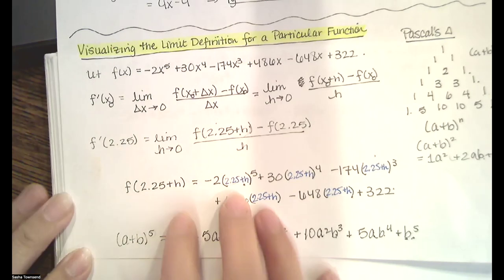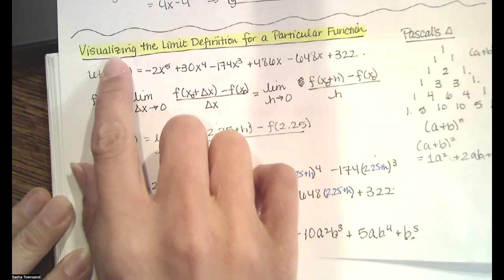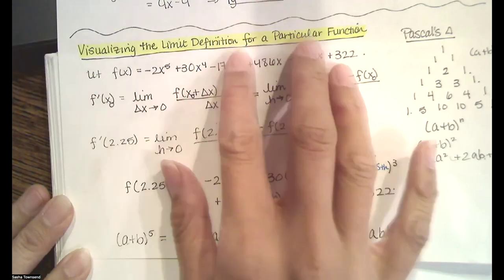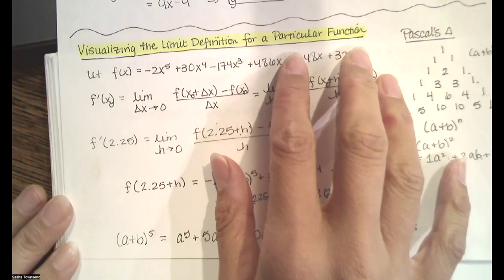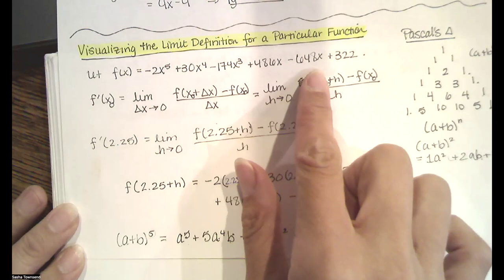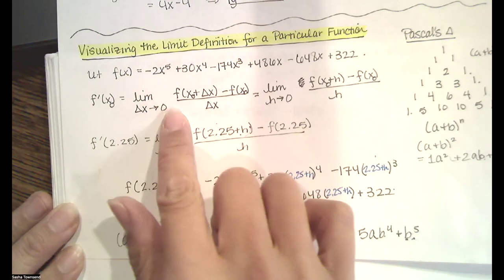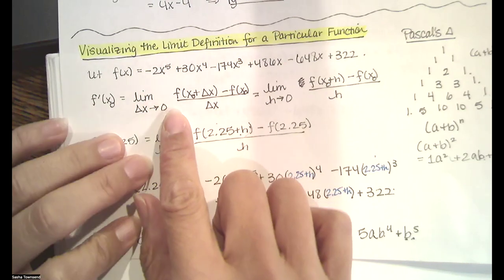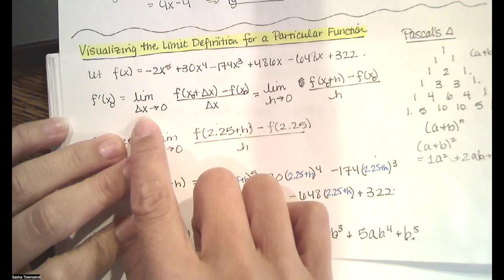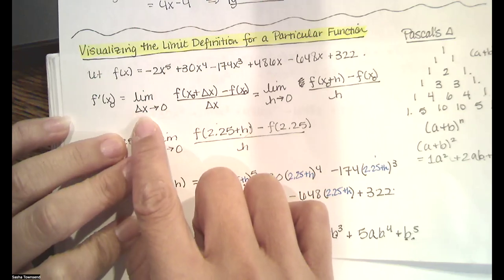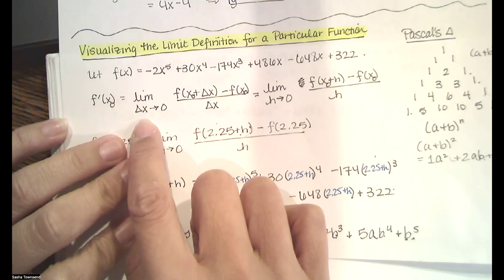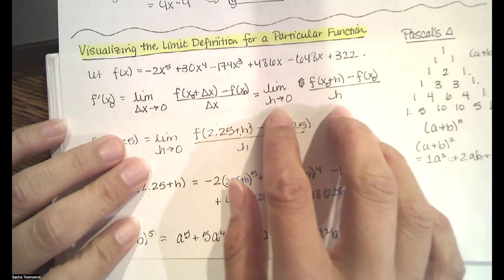All right, so we're going to visualize the limit definition of the derivative for a particular function, and this is our particular function. f prime of x naught is defined this way. Because delta x is not something we can type into Desmos.com, which doesn't like the Greek letters, we're going to use h instead of delta x.